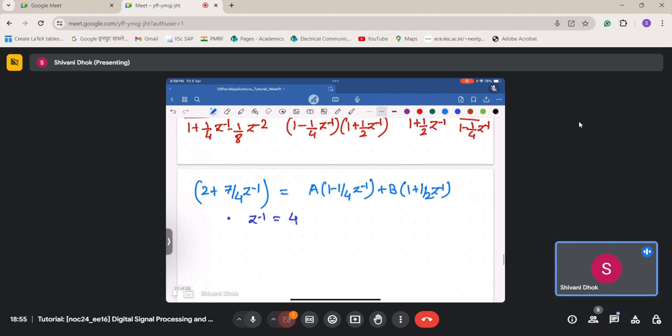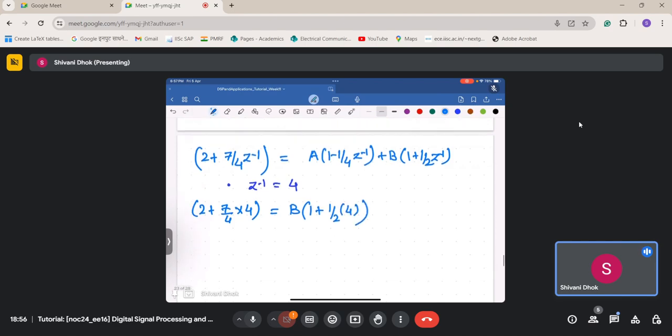Then we will have 2 plus 7 by 4 into 4, which is equal to, this term here will go to 0, B into 1 plus 1 by 2 into 4. So this comes out to be 9 equal to 3B, which means that B is equal to 3.